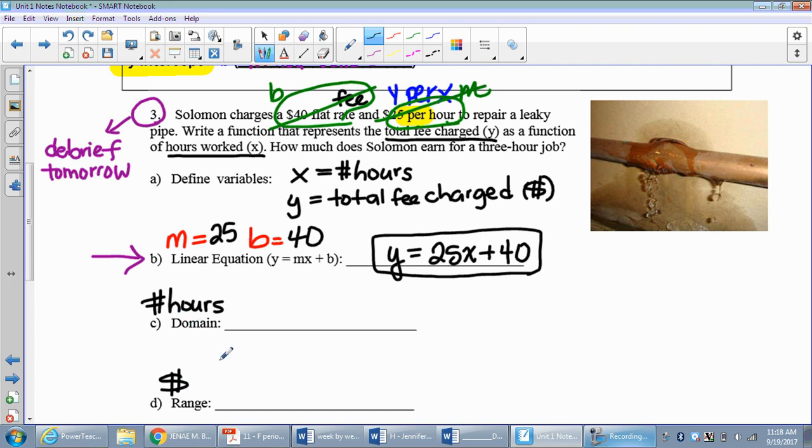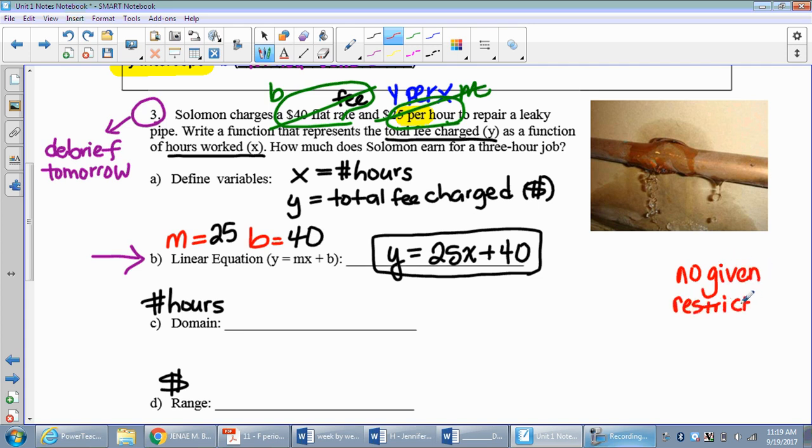I do have a follow-up question that says, how much does he earn for a 3-hour job? That does not count as a restriction on the domain, because it's not saying as a statement, he will work at most 3 hours. So this is an example of a no given restriction.